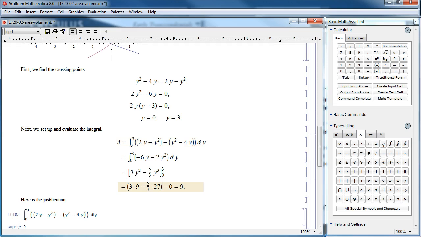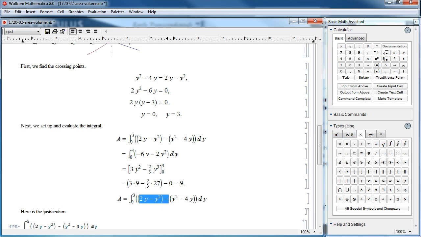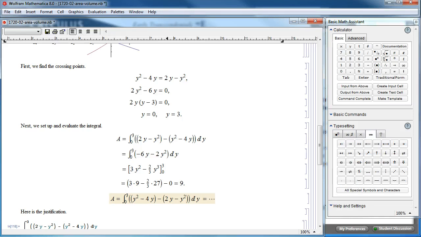What if we screw up and switch the upper function and the lower function, kind of like that? And then you do all kinds of computation afterwards. If you do that and do it right, you're going to get a negative answer.